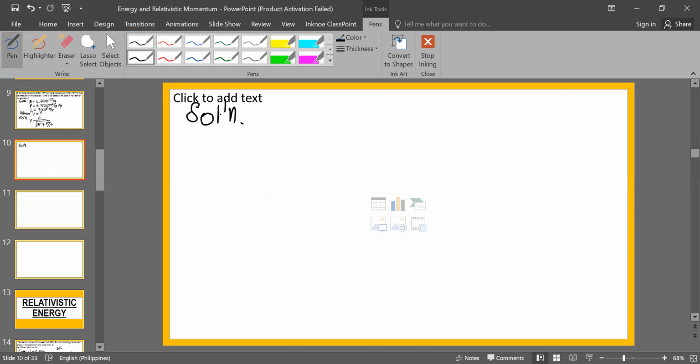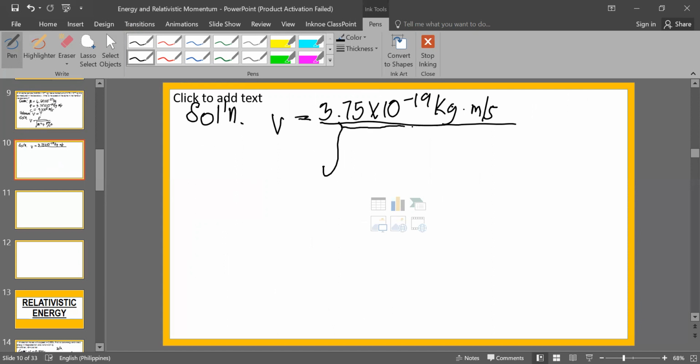So if you're going to substitute those quantities, it will go this way. So V equals, yung momentum niya ay equal sa 3.75 times 10 raised to negative 19 kilogram meters per second, all over by the square root of M squared, which is yung mass niya ay 6.64.